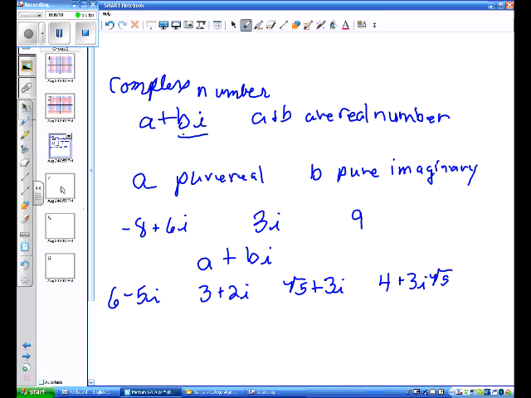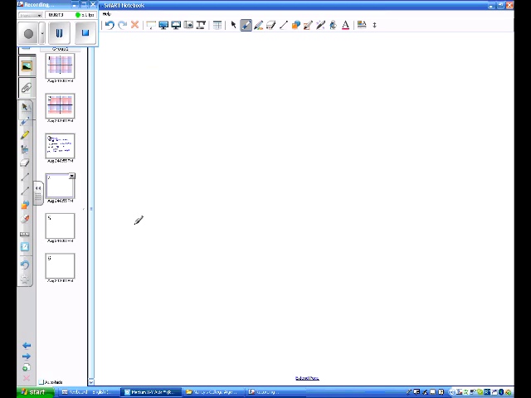Now, two complex numbers are considered equal if and only if, so two complex numbers, a plus bi and c plus di, are considered equal if and only if a equals c and b equals d.